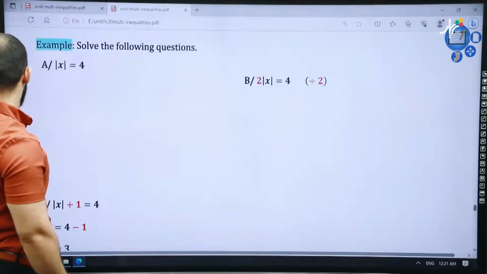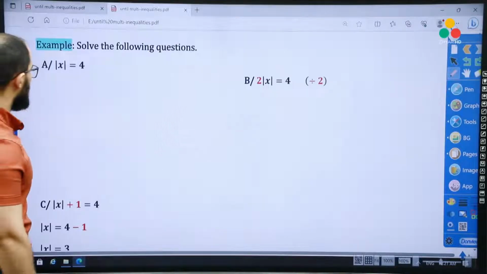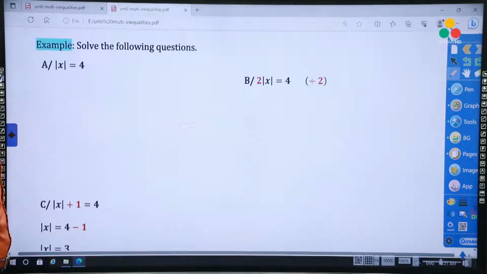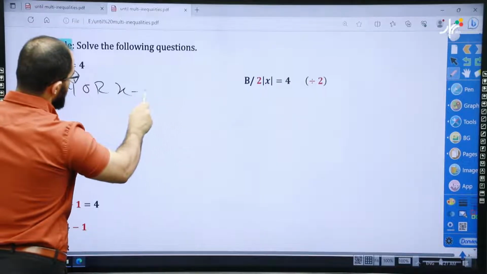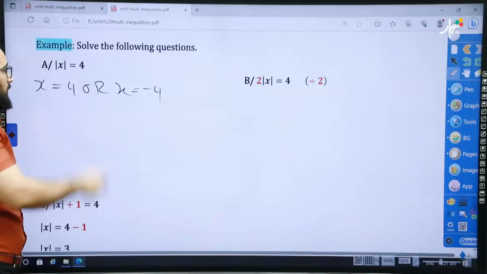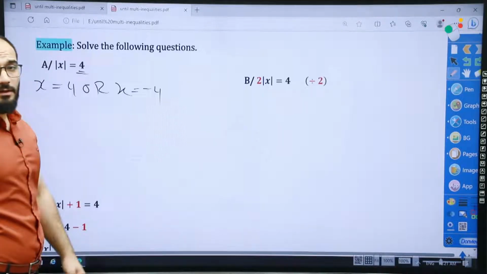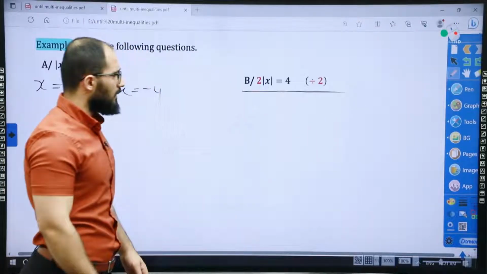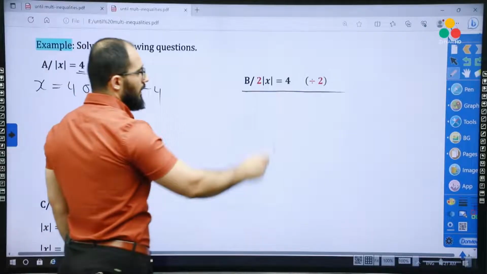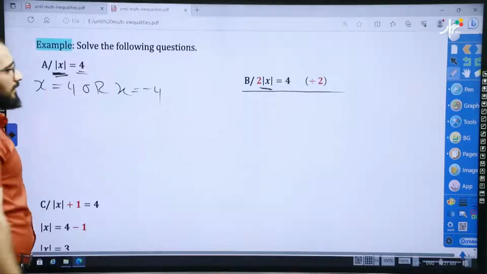The first example is the simplest example. It says the absolute value of x is equal to 4. So right now we have the simplest form of an absolute value. It is x is equal to 4 or x is equal to -4, because a positive number can be equal to a positive and also a negative. Then example B: the absolute value of x is not alone. We have 2 with it. So what do we do?